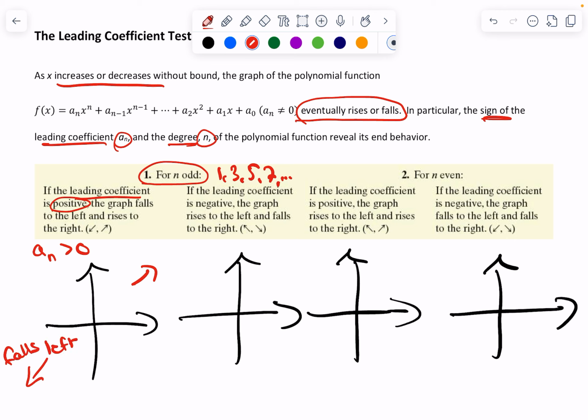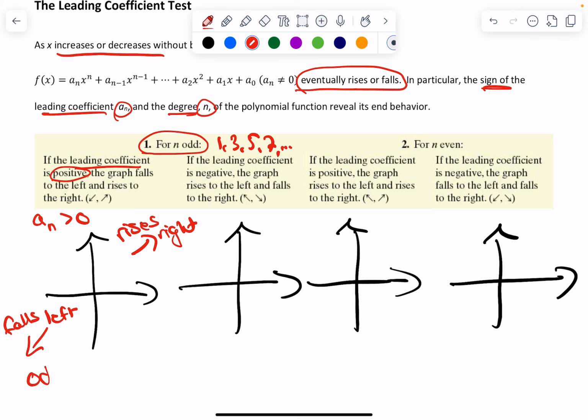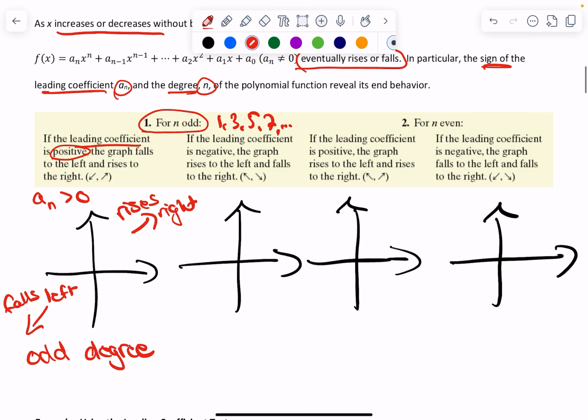Again, this is odd degree and positive leading coefficient.